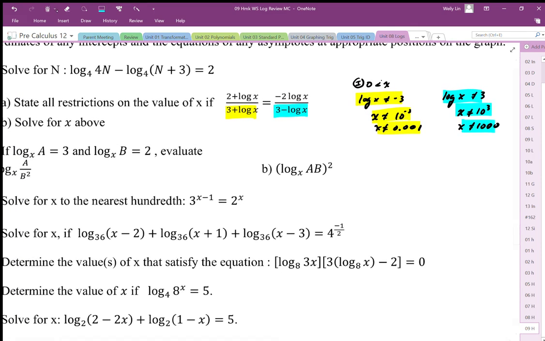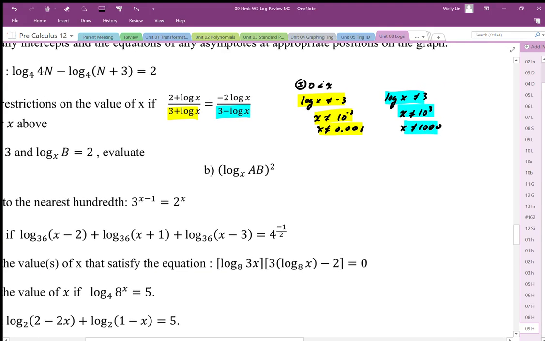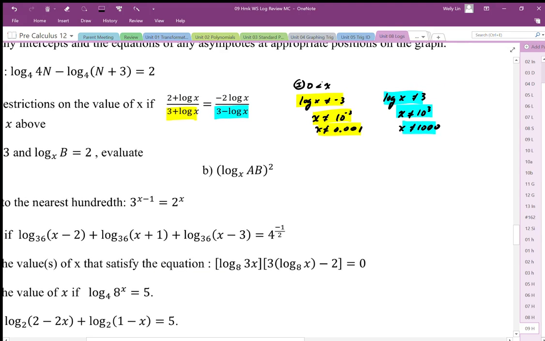Now, solving for x in this case, we have to be able to solve for log x first. So we're going to have to algebraically solve for log x. First thing is, I'm just going to cross multiply this, and so I end up with 2 plus log x.